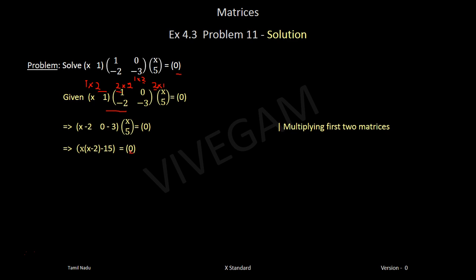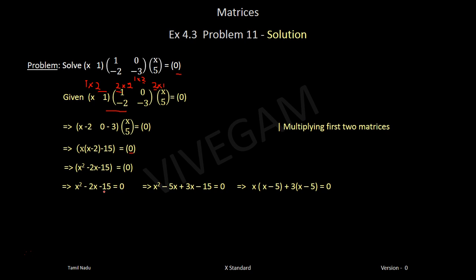Now these two matrices are equal, which means the corresponding elements are also equal. So x into x minus 2, minus 15 equals 0. Expand this and you get x square minus 2x minus 15 equals 0.